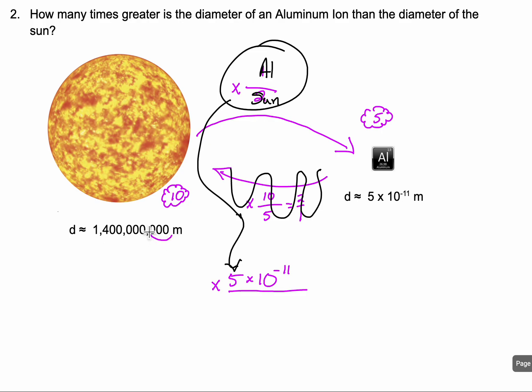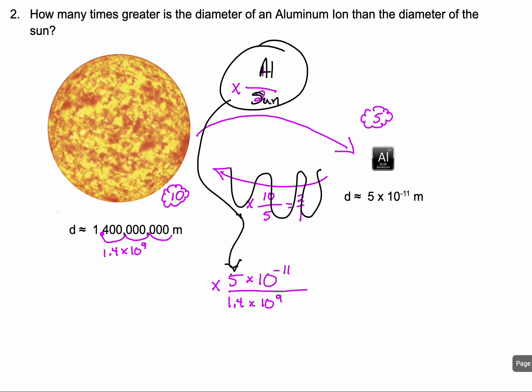So 3, 6, 9. So 1.4 times 10 to the positive 9th power, because it's a bigger number.